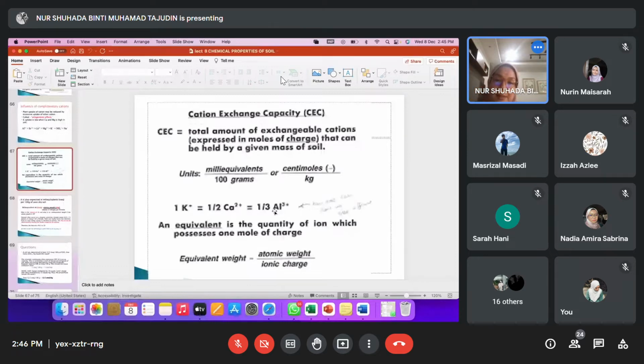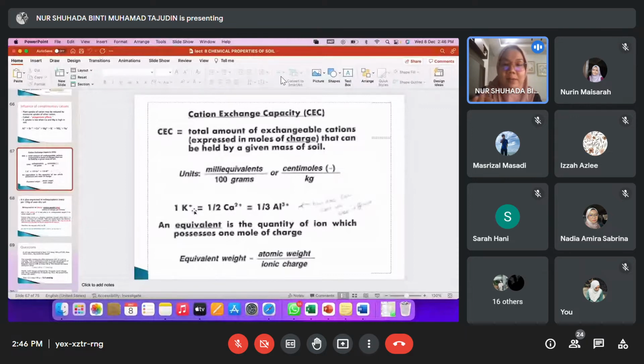Okay, understand? So when you talk about equivalent, an equivalent is the quantity of ion which possesses 1 mole of charge. For example, 1 mole of K positive is equal to 1 over 2 Ca2 positive, equal to 1 over 3 of aluminium, because it has 3 charges, so you have to divide by 3. The theory is that equivalent weight is equal to atomic weight over ionic charge.